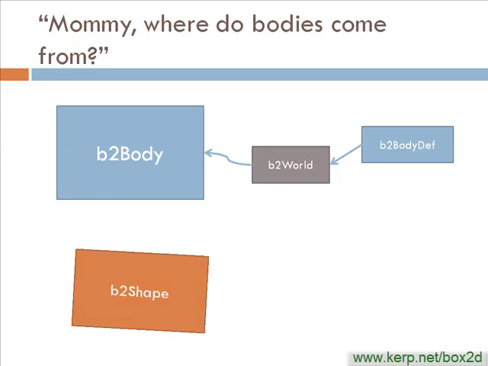And that's because you need to create a B2 shape. You'll kind of see that this shape is passed to the body, and the body's basically told, apply this shape to yourself so you actually know what area in space you take up, and it basically uses this shape to determine how it collides with other things, calculates its center of mass, that kind of thing.